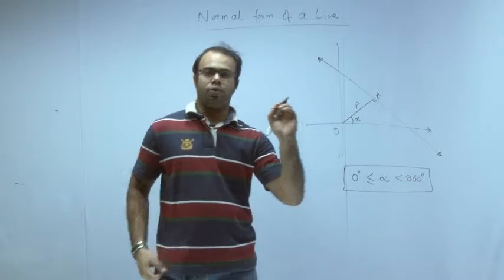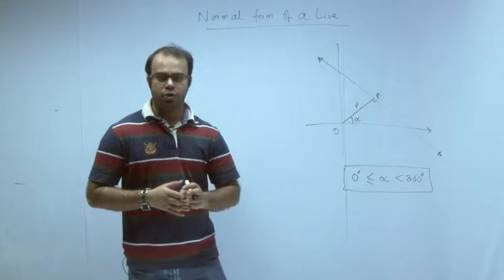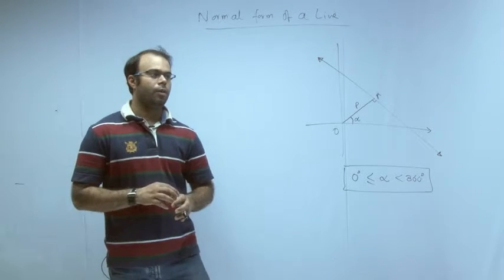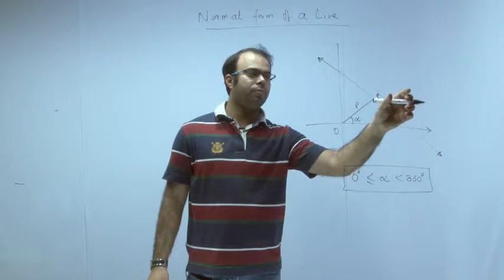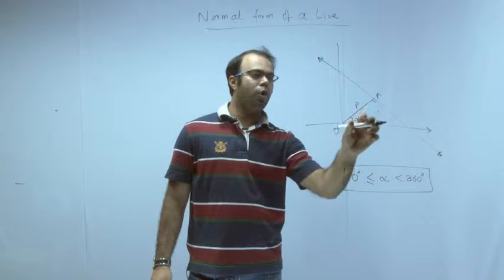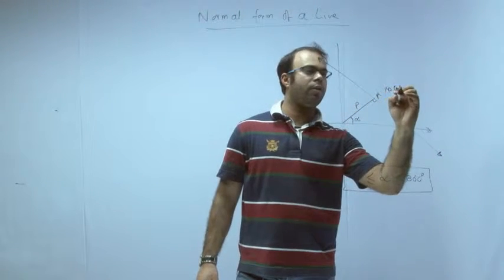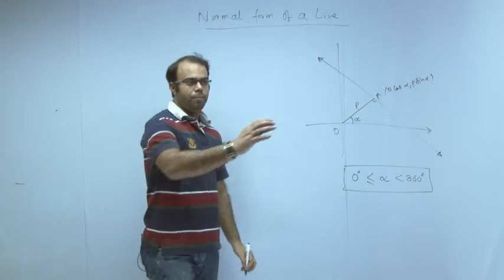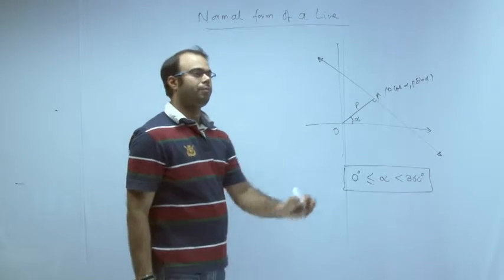The simplest approach which we apply here, there is another approach also, that also I will tell you first, then I will tell you the simplest approach. The first approach is that you find the point. This point is going to be p cos alpha comma p sin alpha, by having the projection on the x axis and along the y axis.